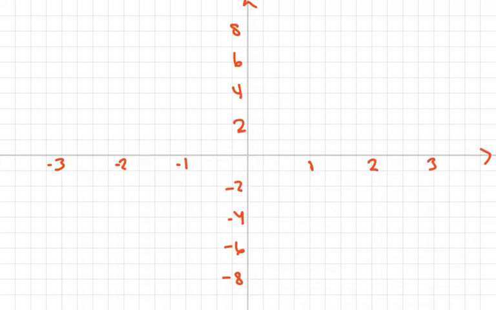Okay, I'll start by graphing f of x equals x squared. So my points are negative 2, 4, negative 1, 1, 0, 0, 1, 1, and 2, 4. So as you can see, this is a quadratic.